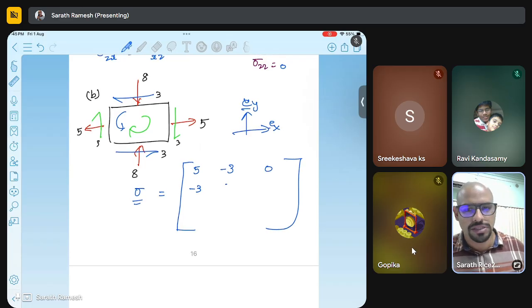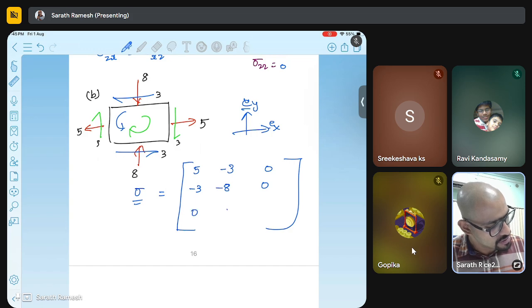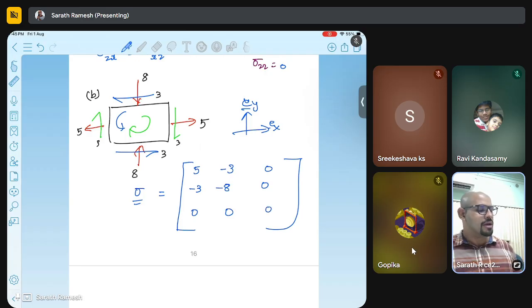Sigma yy means on the y plane it should be in the positive y direction, whereas in this problem it's pointing in the negative y direction, so it is negative. The rest are 0. Usually in a plane state of stress, this becomes a 2 by 2 matrix instead of a 3 by 3 matrix.